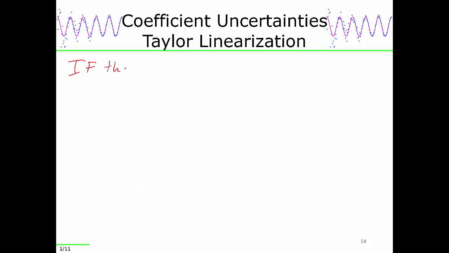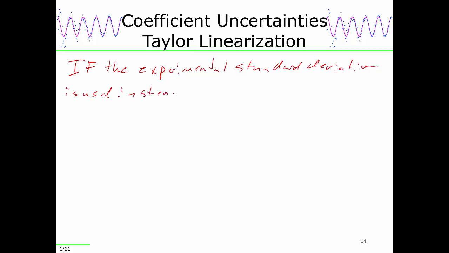If the experimental standard deviation is used instead, we already have the one for chi-squared space. S squared is, oh, okay.